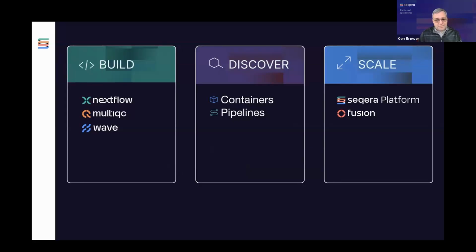We have tools to help scientists discover tools and software for doing their analysis, the main ones being Seqera Containers and Seqera Pipelines. And then finally, tools for helping scientists and organizations scale their science. Our flagship commercial offering is Seqera Platform, which we'll talk about in more detail later. And then we also have Fusion, which is high-performance software for accessing data much more quickly, which can accelerate your pipelines and make them run faster and cheaper.